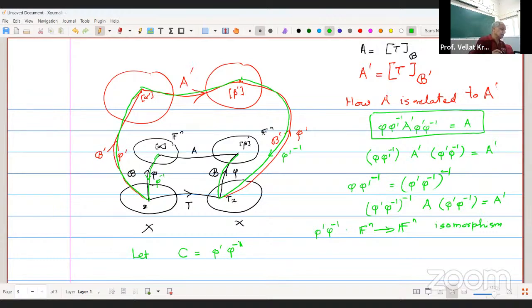So C is an n by n matrix because it's a linear transformation from Fn to Fn. Okay. Now let me do this.